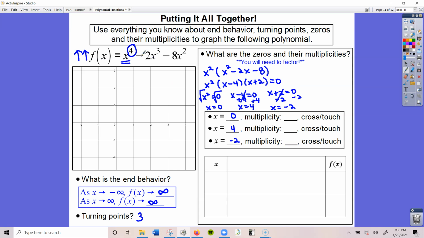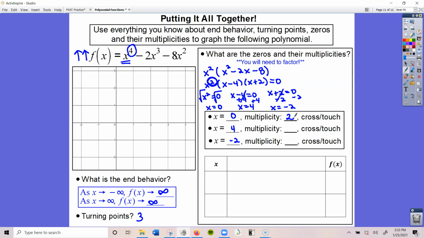Now we said we would have 4 zeros, but we only really have 3. And that's because at x is equal to 0, look at the exponent. Remember, the exponent tells us the multiplicity. That means that x is equal to 0 occurs twice. So technically, we do have 4. We have 2 zeros, 1 four, and 1 -2.